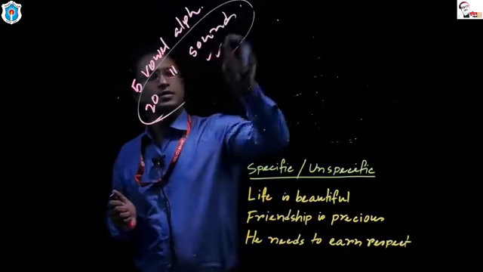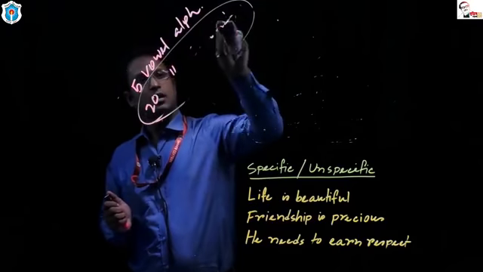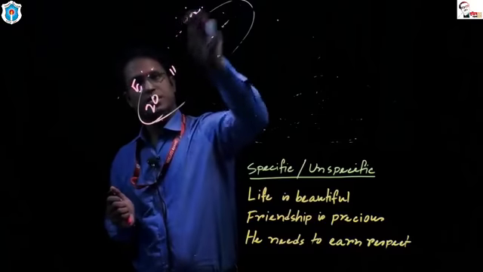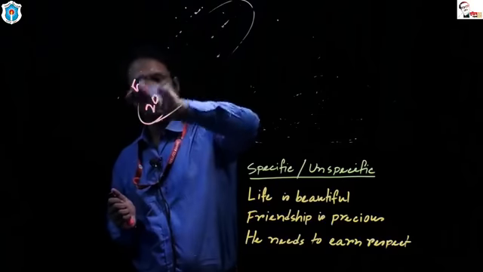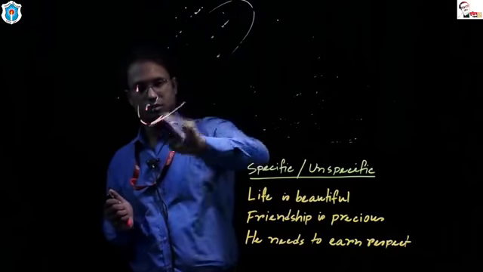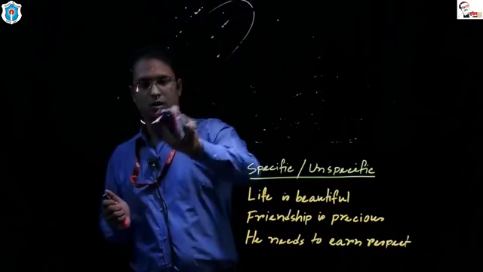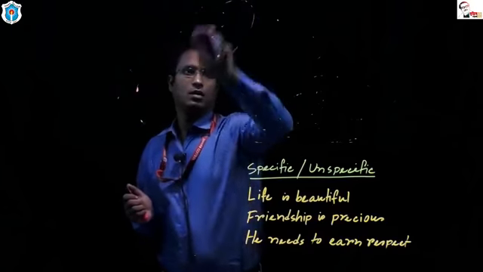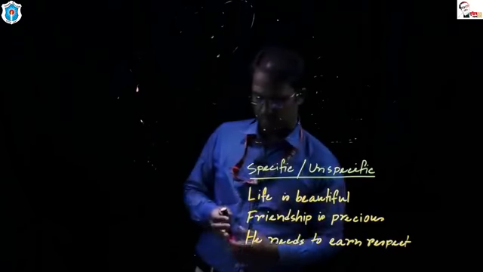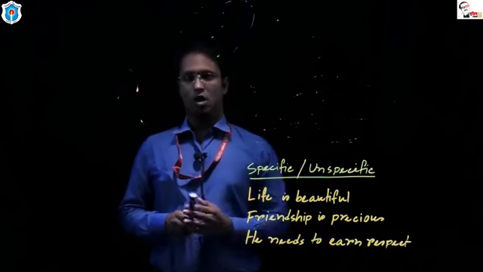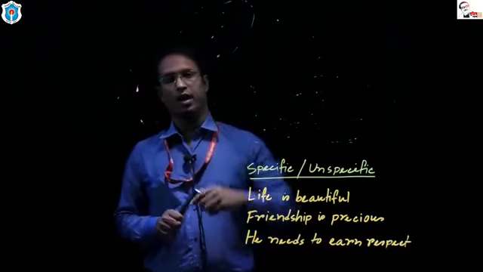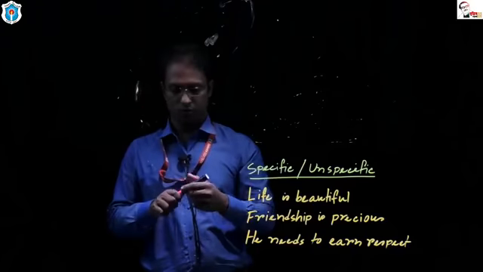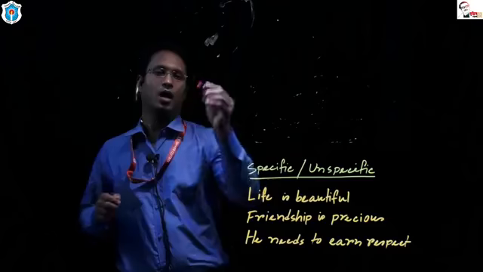We all know that if a word starts with a consonant sound, we use a. So rule number 1, if a word starts with a consonant sound, we use a.